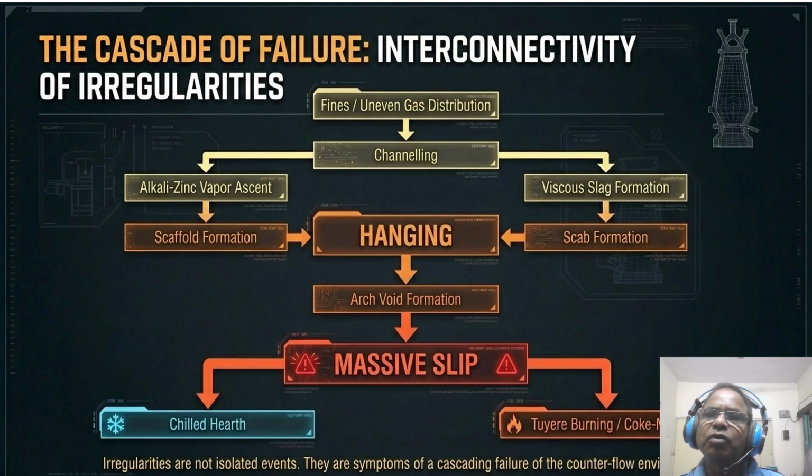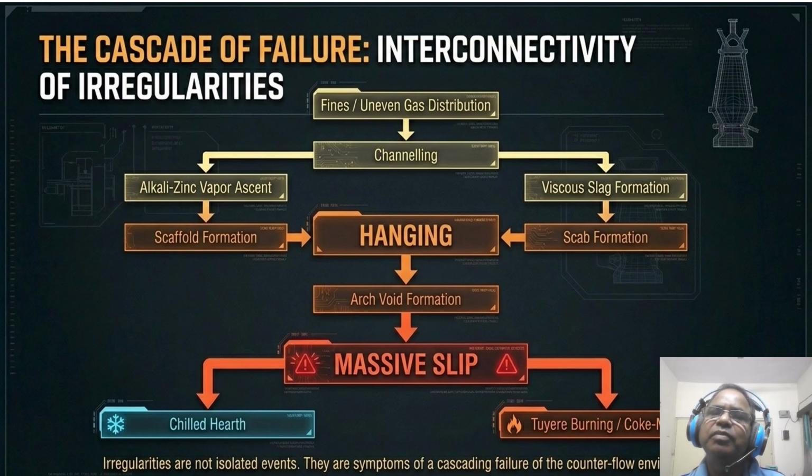Both paths converge on the hanging. Hanging leads to arch void formation, which results in a massive slip. Finally, the slip triggers either a chilled hearth or tuyere burning or the coke mess. The lesson here is that an irregularity is not an isolated event.